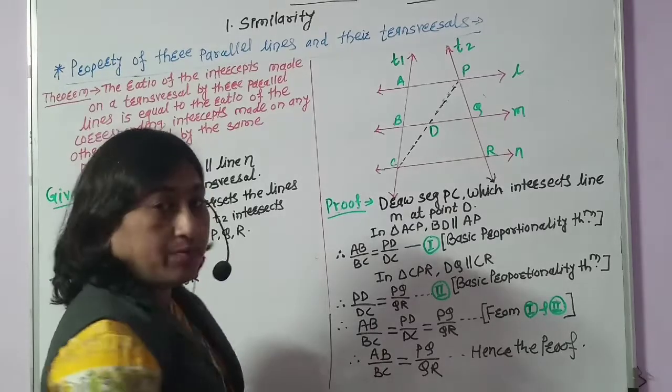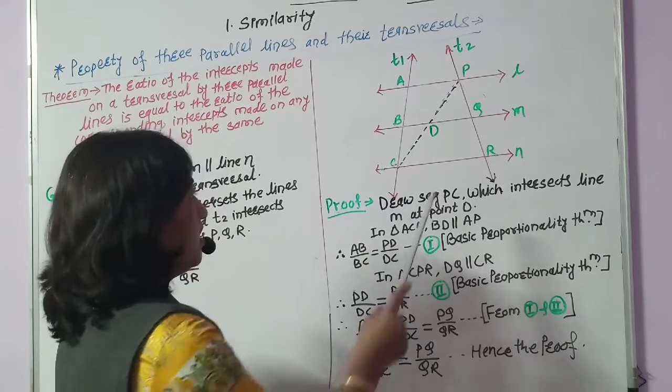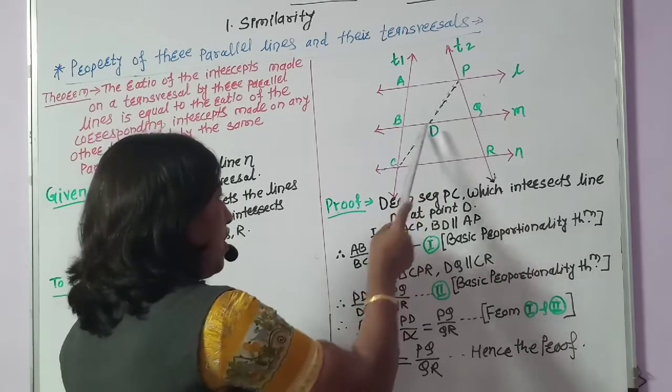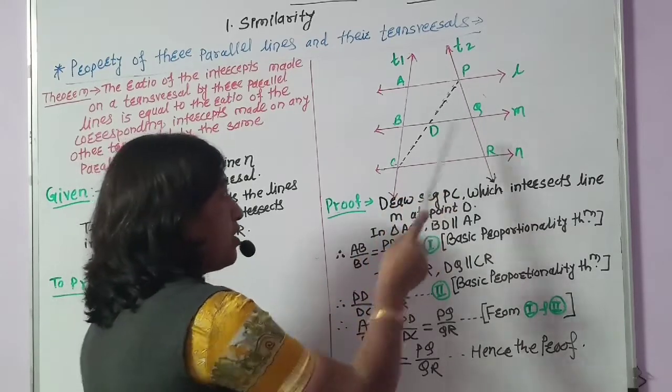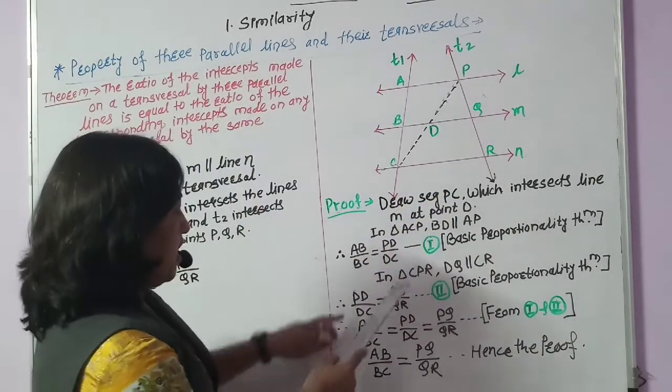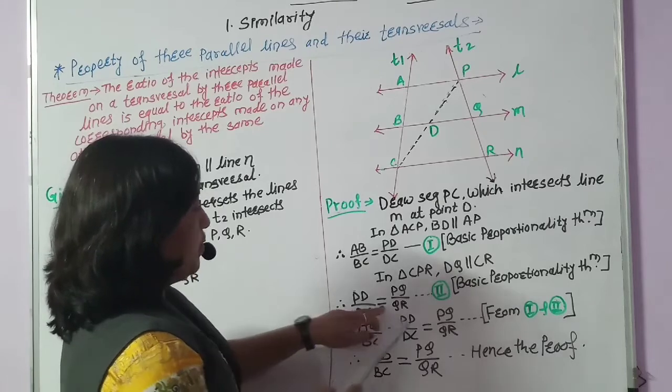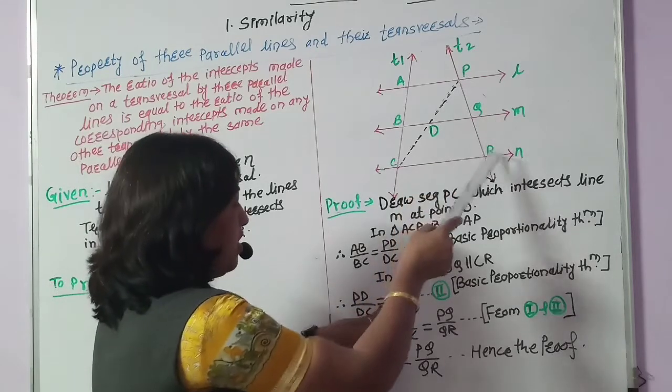Therefore, by using the BPT theorem, we write PD upon DC, which is equal to PQ upon QR. See here, PD upon DC is equal to PQ upon QR.